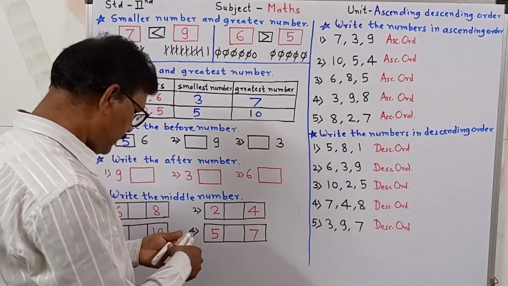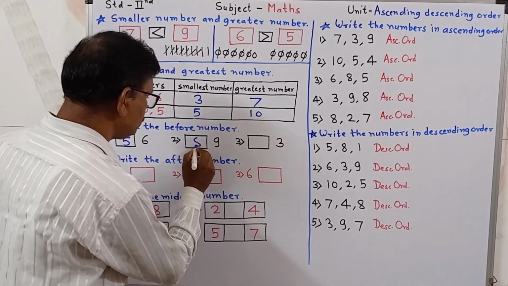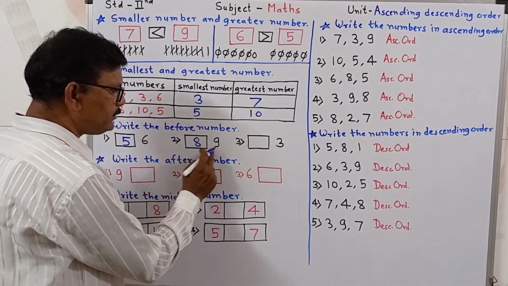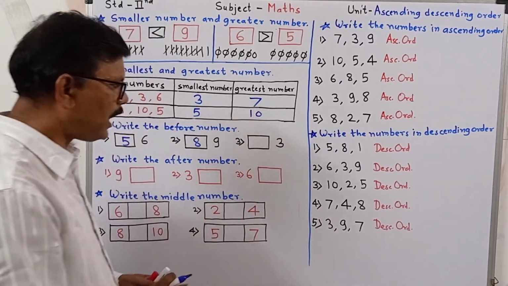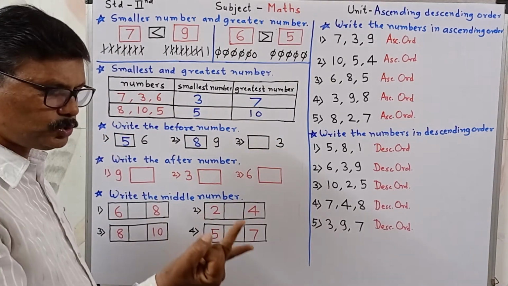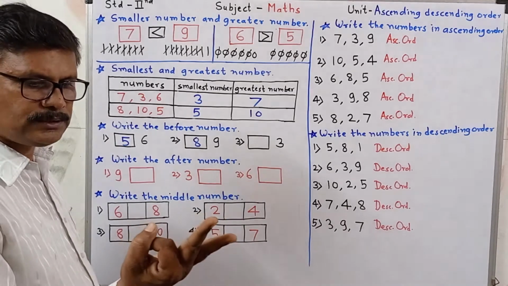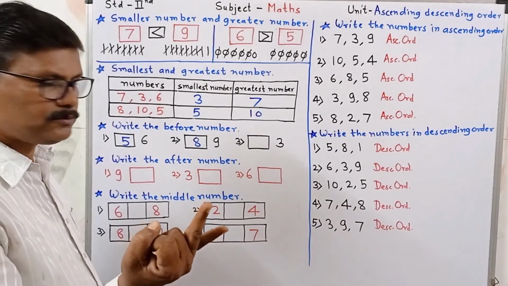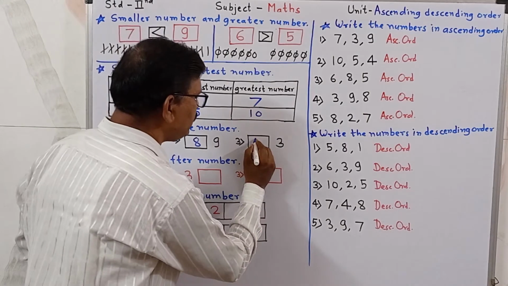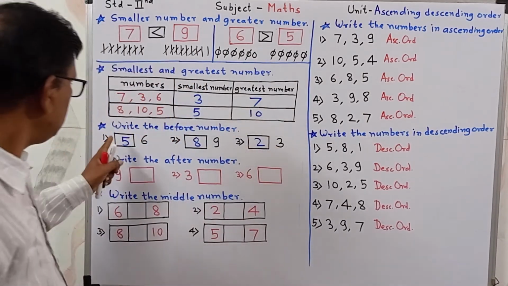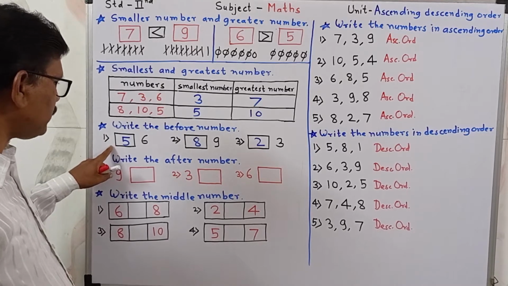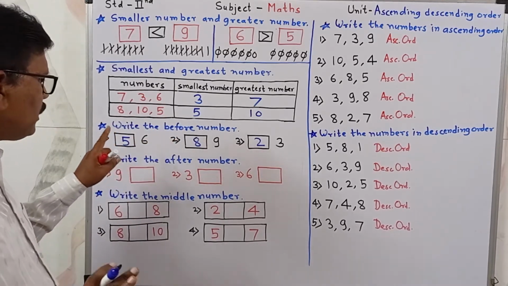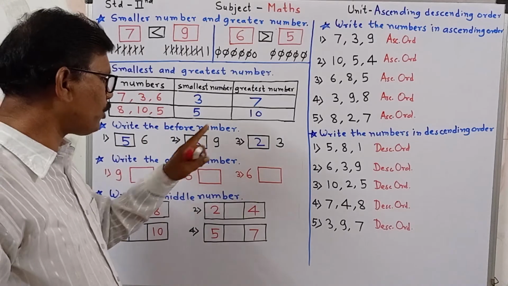So write here 8. Listen, 8, 9. It's correct. 3. Count up to 3. 1, 2, 3. Okay, subtract 1, 2. So write here 2, 2, 3. From this method we write correct before number.